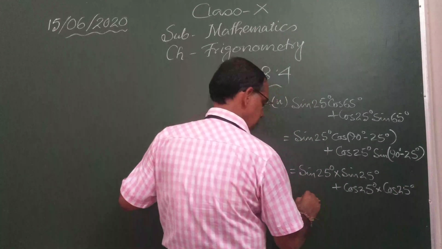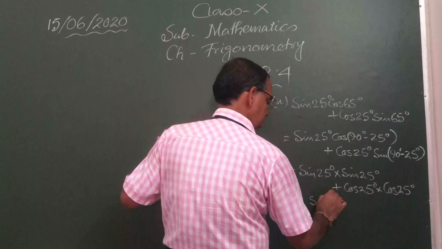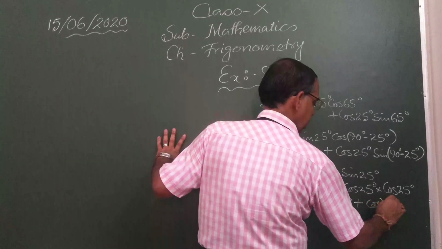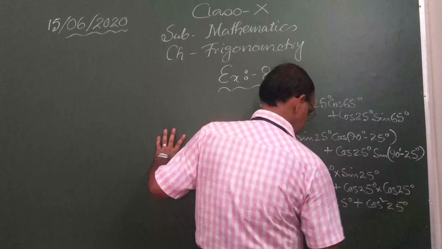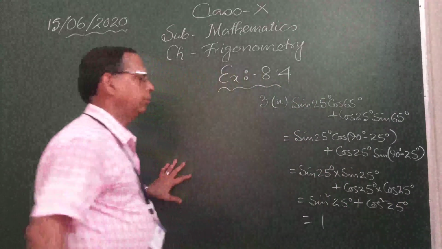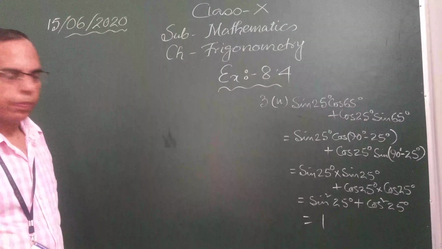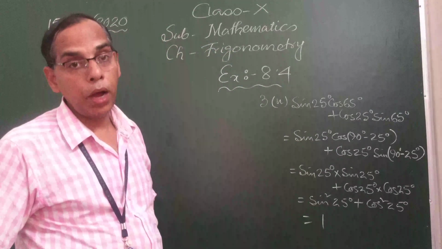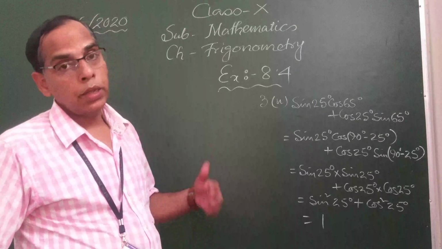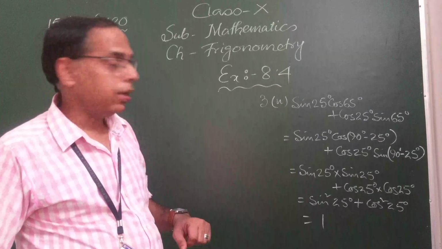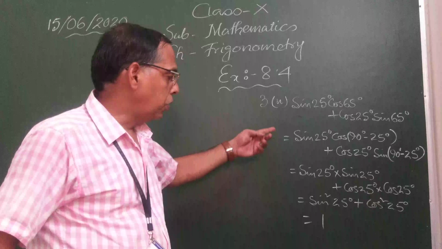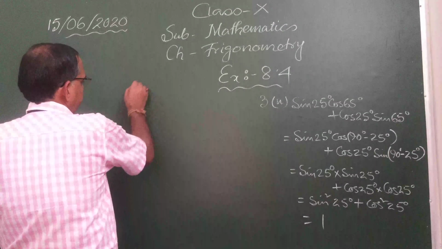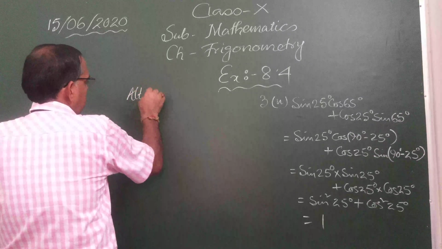Then ultimately what is that? Sin square 25 degrees plus cos square 25 degrees equal to 1. Clear? So this is the formula you got: how to convert cos of 90 degrees minus theta and sin of 90 degrees minus theta, and with that formula we have utilized and we got the answer. Now let's see the alternate method.